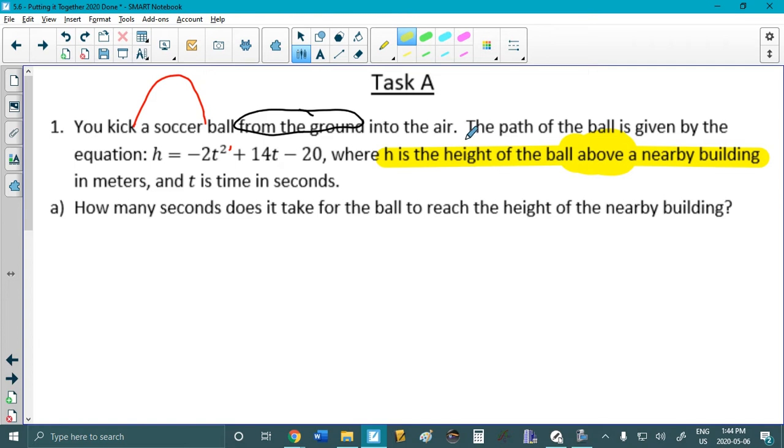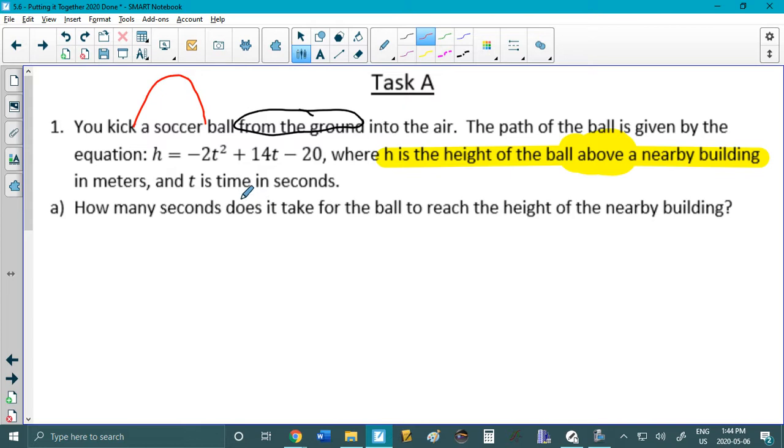Okay, so the first question says, how many seconds does it take for the ball to reach the height of the nearby building? Well, if h is the height above the building, and we just want it to reach the building, so be at the same level, then we want our height to be 0. And if you look at this equation, you can figure out very quickly the height of the building.